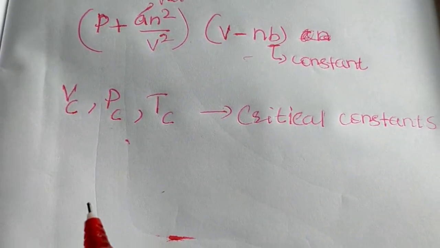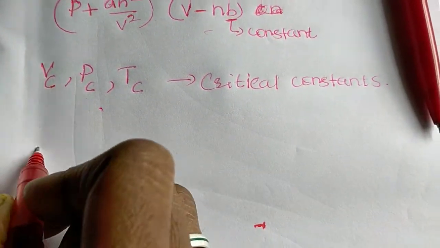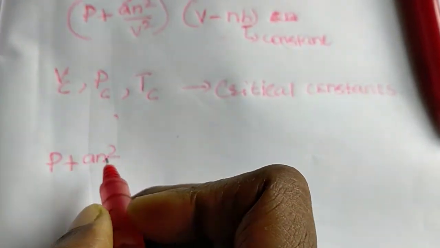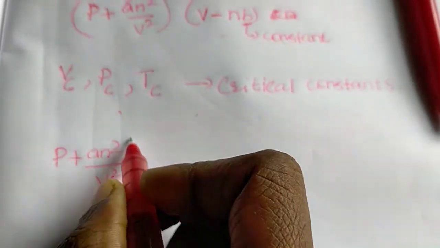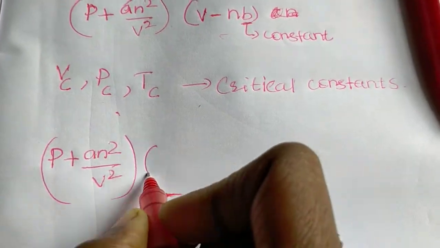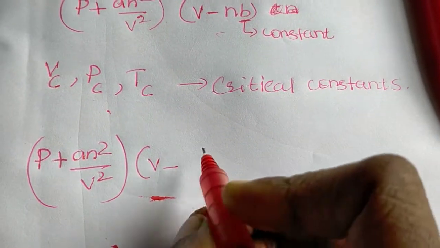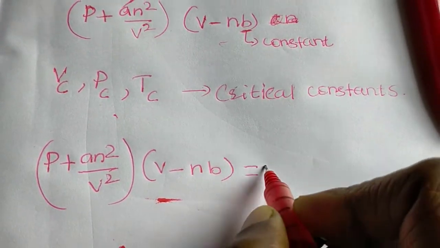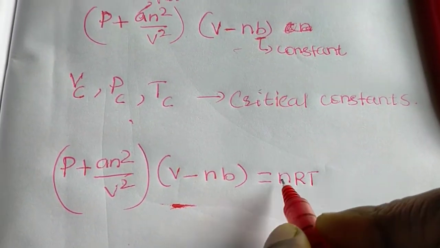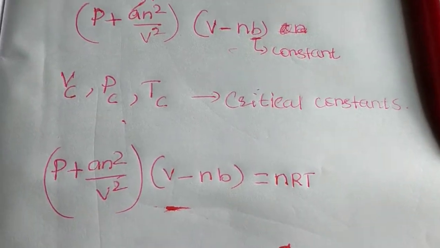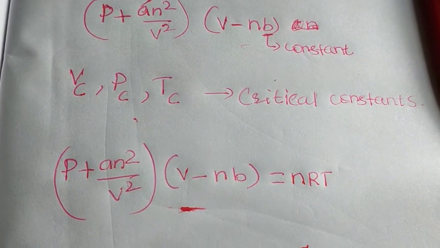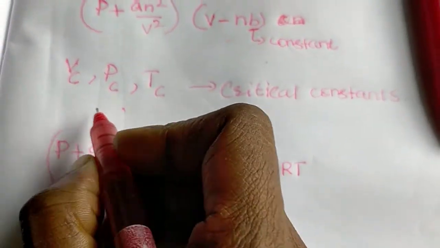What is that equation? First, write the pressure correction and volume correction equation: P plus a n squared divided by V squared, this is the pressure correction, times V minus nb, this is the volume correction, is equal to nRT. So write here the van der Waals equation for n moles.